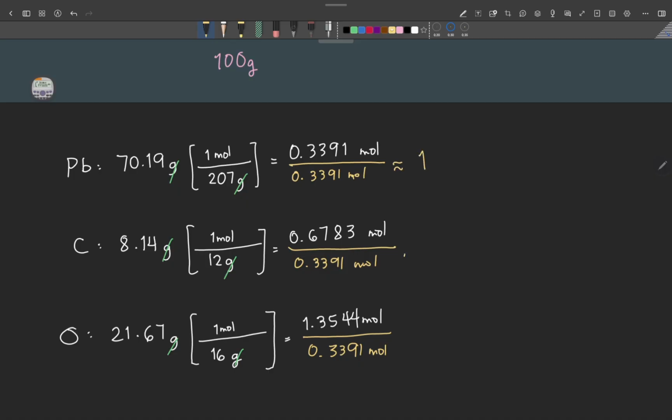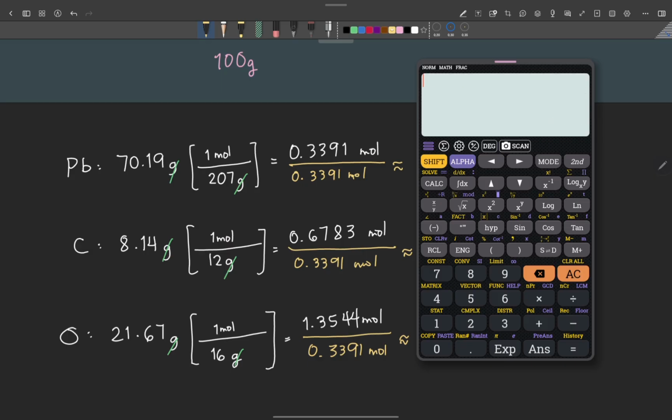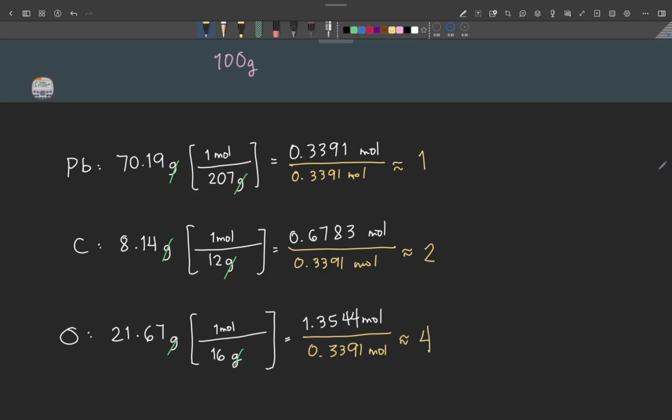So obviously this is 1, this is 2, and this one will give us 1.3544 divided by 0.3391. So 3.99 or approximately 4.